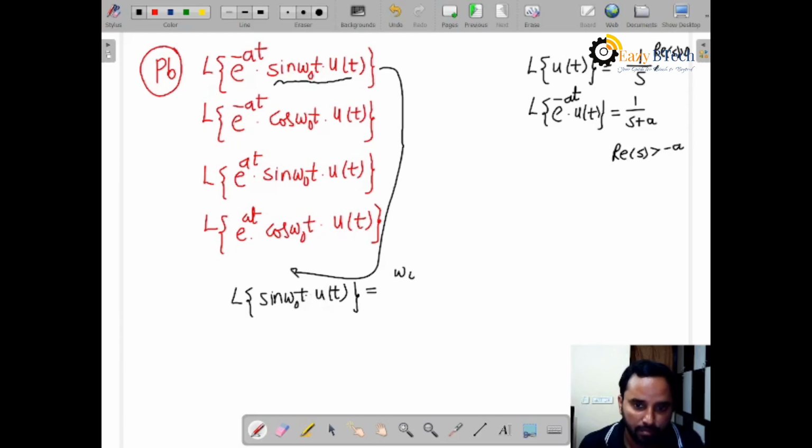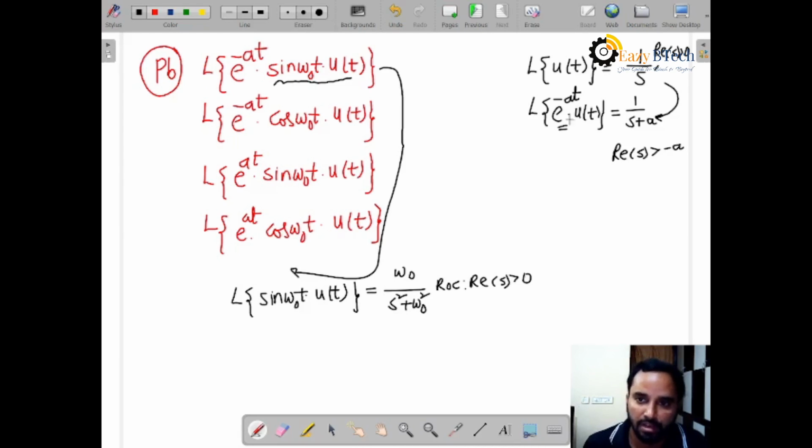Omega naught by s square plus omega naught square, and ROC real part of s greater than 0, as with u of t. Now, multiplying by e power minus at means wherever you have s, it will be replaced by s plus a. That is the meaning. Here, for u of t, 1 by s becomes 1 by s plus a for e power minus at u of t. So s is becoming s plus a.